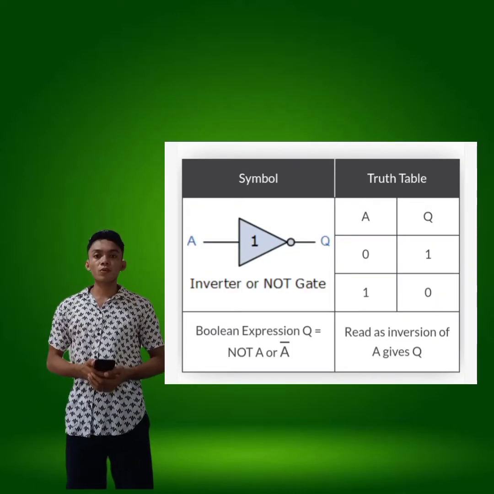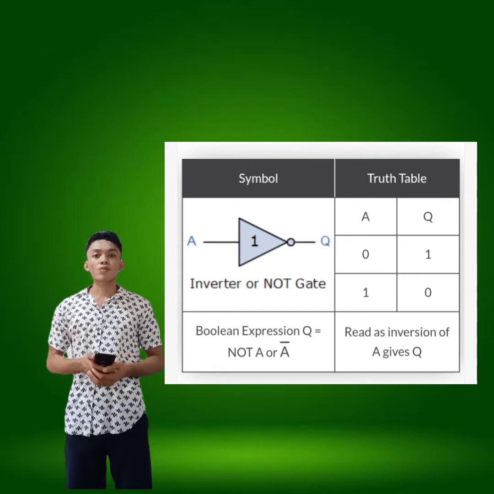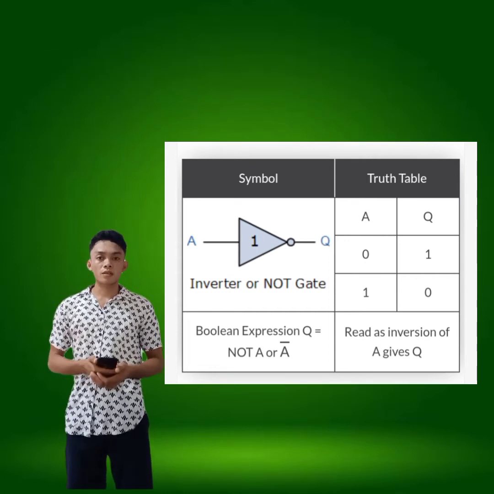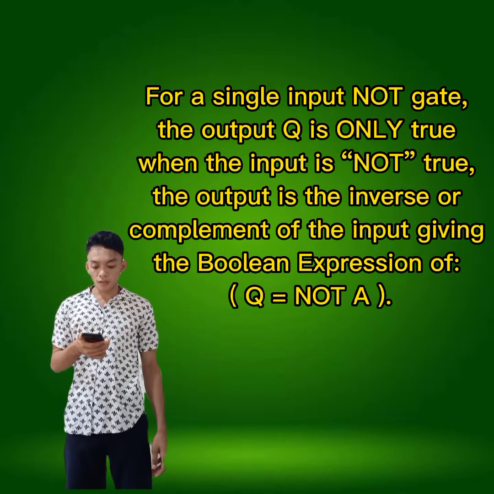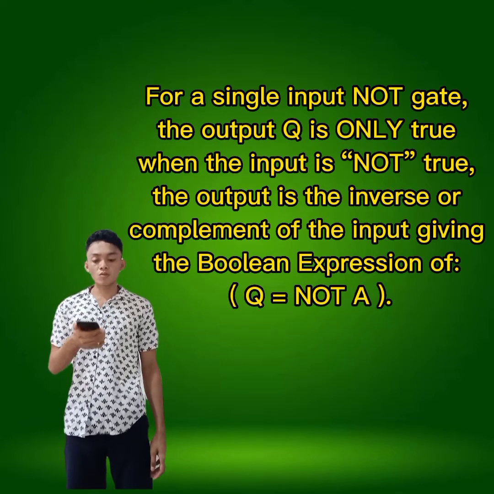So the next is the single input logic, or the NOT gate. There is only one input in the NOT gate. So for a single input NOT gate, the output Q is only true when the input is not true.